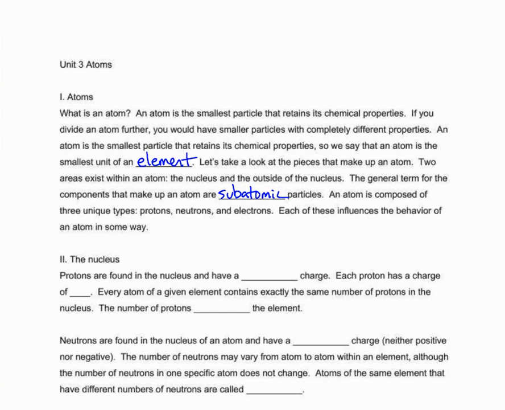An atom is composed of three unique types of subatomic particles. We have protons, neutrons, and electrons. Each of these three components influences the behavior of the atom in some way.